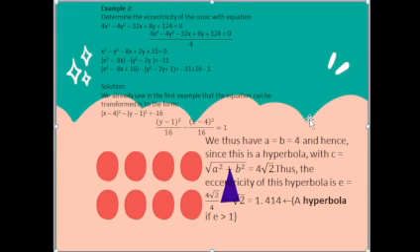So since the values of a squared and b squared are the same, both 16, 16 plus 16 is 32. So what's the square root of 32? 32 is not a perfect square, but still we can simplify it. 32 can be factored so that one factor is the greatest perfect square and the other one is not.